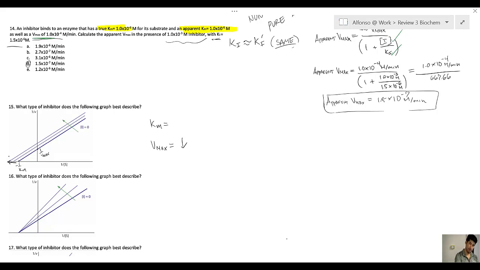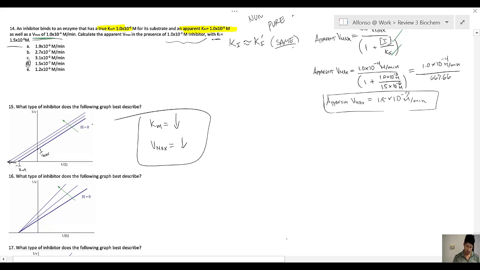Because it's shifting to the left, which means that it's becoming larger, that means that the Km is becoming smaller. So Km has gone down. I hope you'll forgive me when I misspeak a little. But essentially it's going to the left, which means that Km has gone down because it's getting larger, and this is what you need to know.